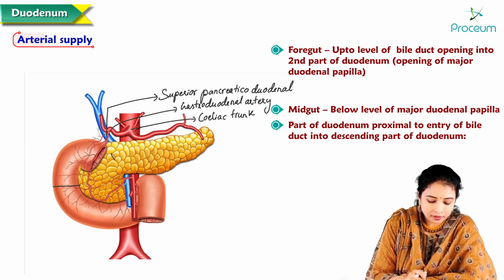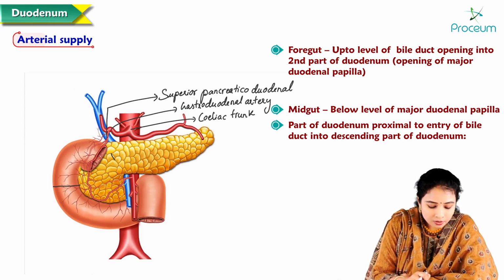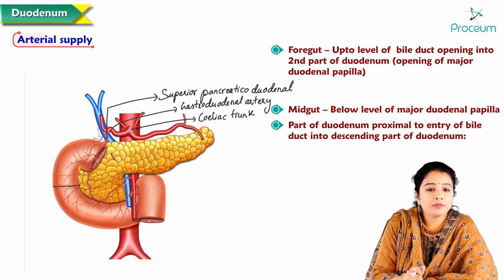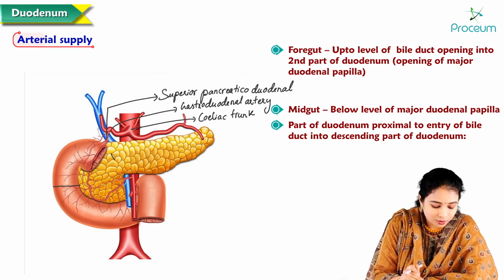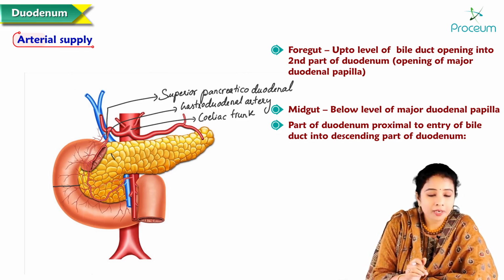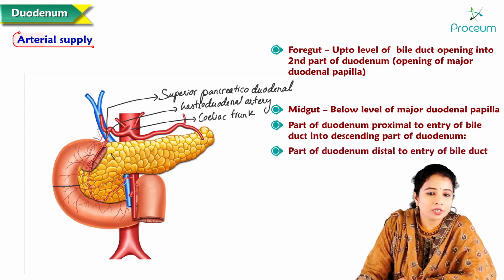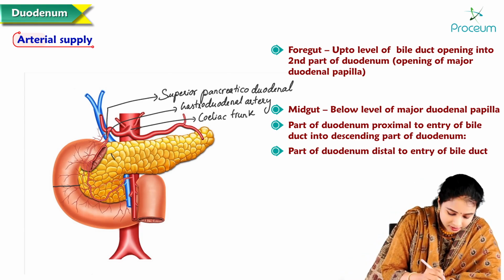We can see the superior pancreaticoduodenal artery is a branch of the gastroduodenal artery, and the gastroduodenal artery is in turn a branch of the celiac trunk, and we already knew that the celiac trunk is the artery of the foregut. So till the major duodenal papilla, it is supplied by the branches of the celiac trunk. And the part of duodenum distal to the entry of the bile duct is supplied by the inferior pancreaticoduodenal arteries.